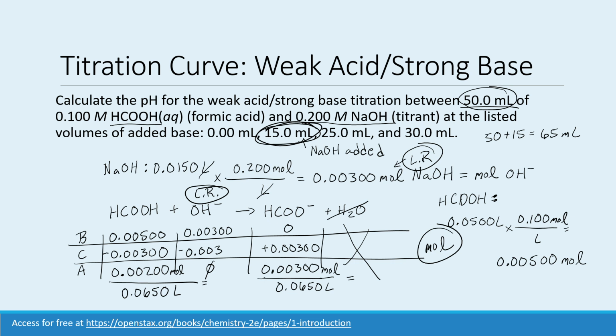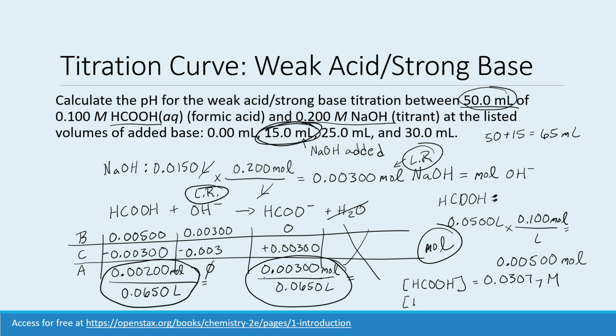Okay, and that will give us the concentration of each. So the concentration of formic acid, again coming from over here, that is equal to 0.0307, and the concentration of our conjugate weak base coming from here is equal to 0.0461.